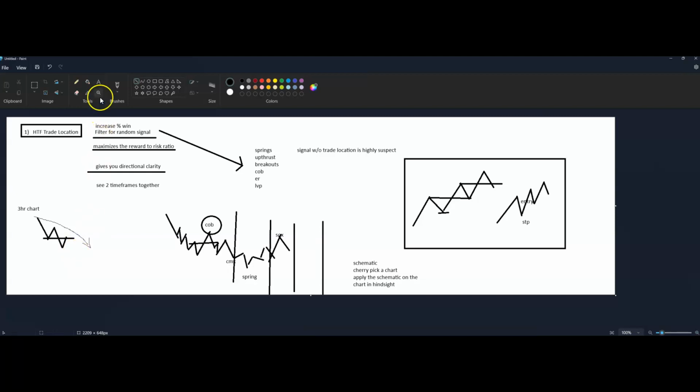Okay? Now where is his trade location? His trade location was on the upthrust and test of the breakout and breakdown. Right there. And he would repeatedly say that this is the biggest move within the trend.